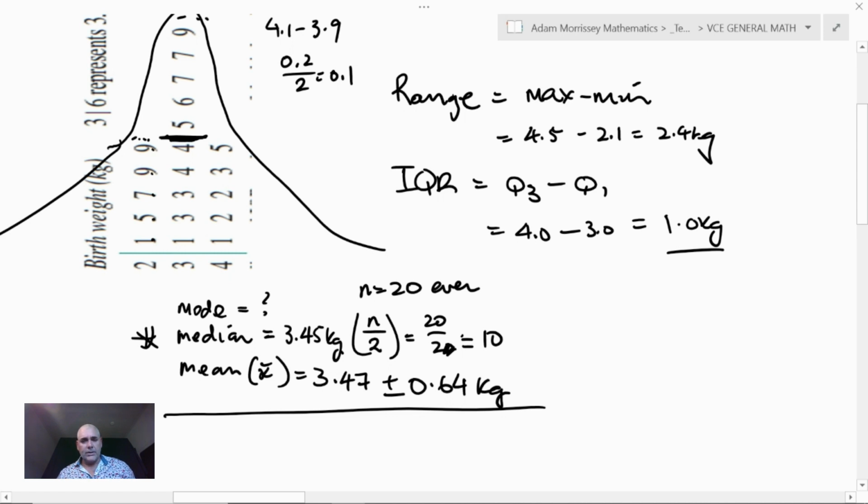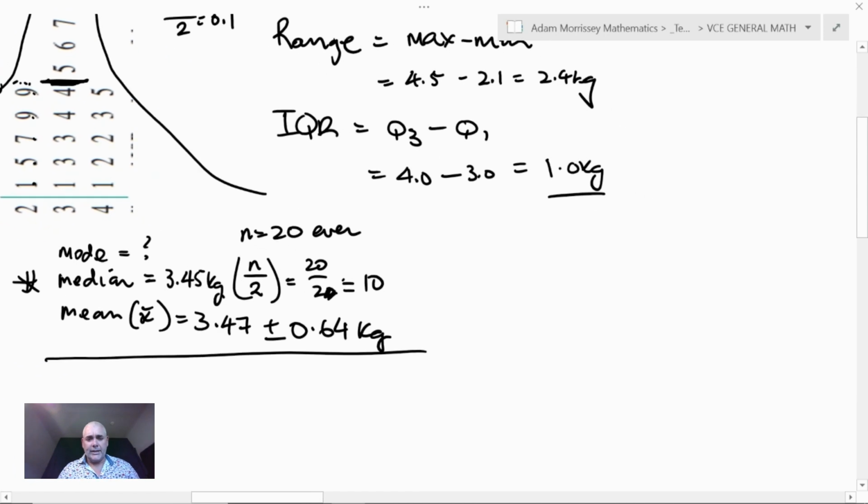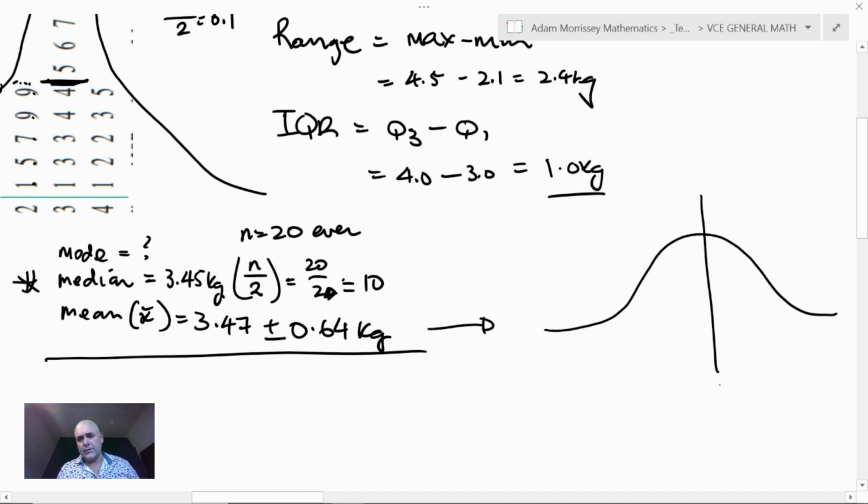And just to think about the spread of the data, the IQR, which is the middle 50%, is telling us that 50% of the data are within 1 kilo of each other. And here's the final thing, let's relate it back to the normal curve.